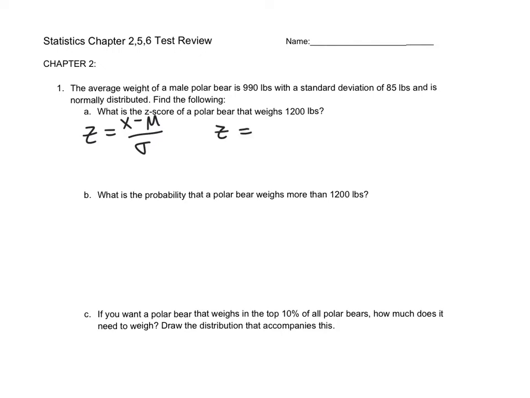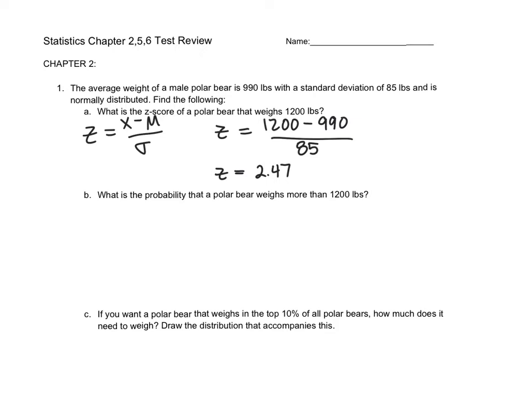So our polar bear z-score is 1,200 minus 990 all over 85. So 1,200 minus 990 is 210, divided by 85 is 2.47. Remember, we always round to 2 decimal places for z-score.